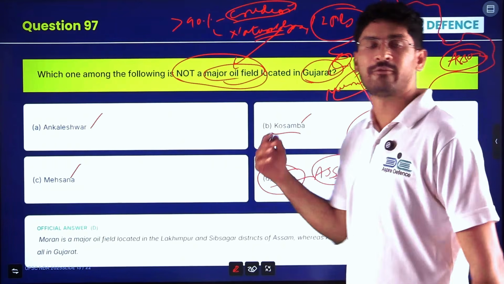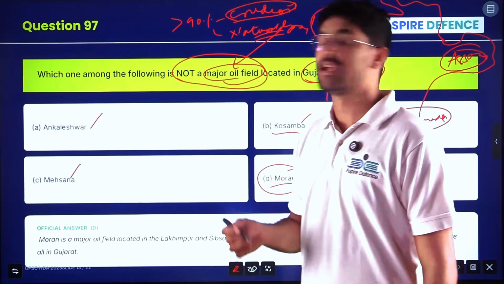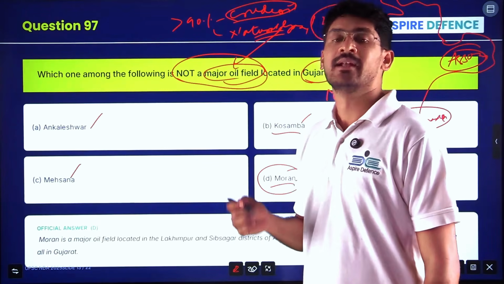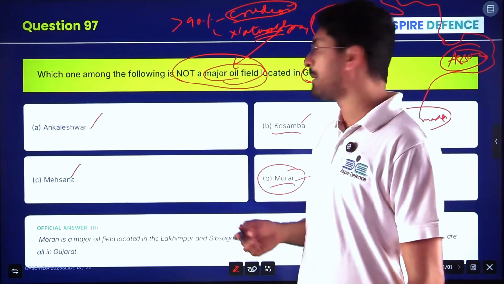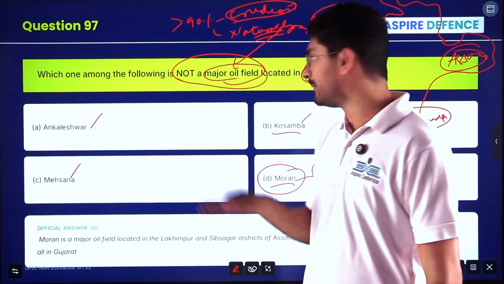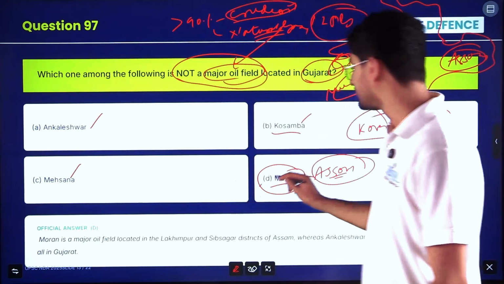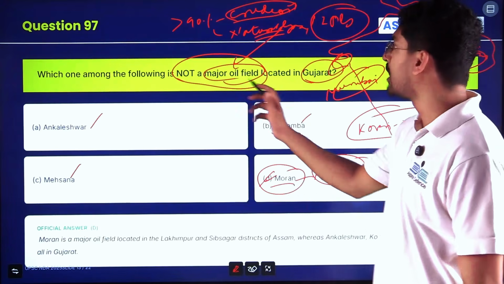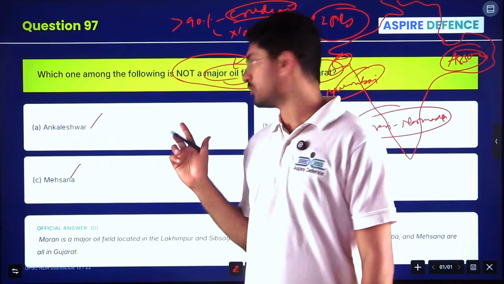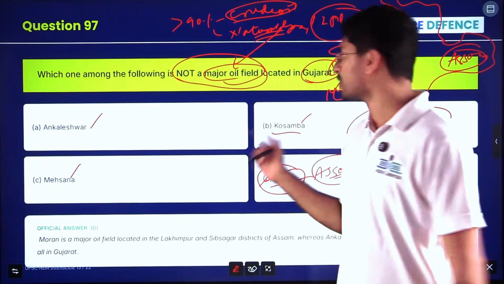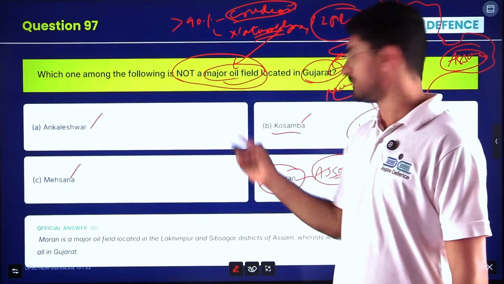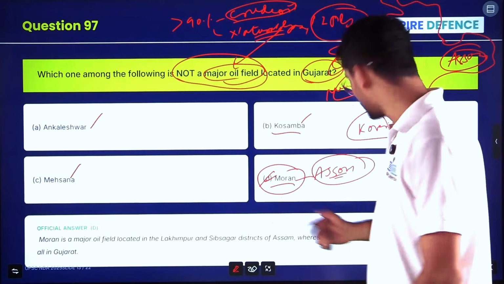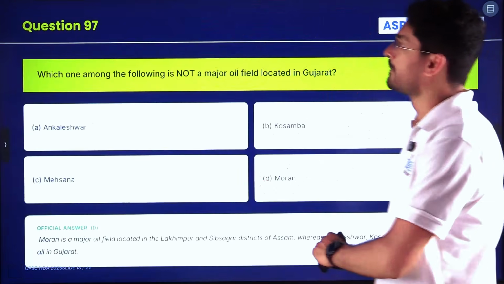Only if you have mapped all the oil fields, mineral resources, natural gas fields, uranium deposits, lithium deposits on the Indian map, will you be able to answer. Here, the answer is option D, Moran. It is not a major field located in Gujarat. The rest, Ankleshwar, Kosamba and Mehsana, are oil fields in Gujarat. This is in Assam. So we'll go to the next question.